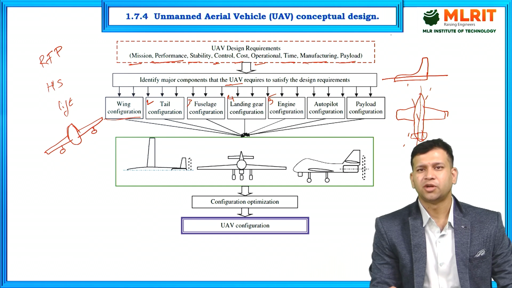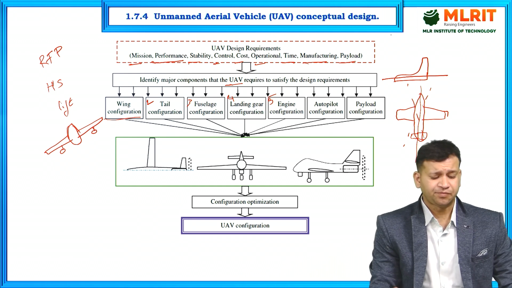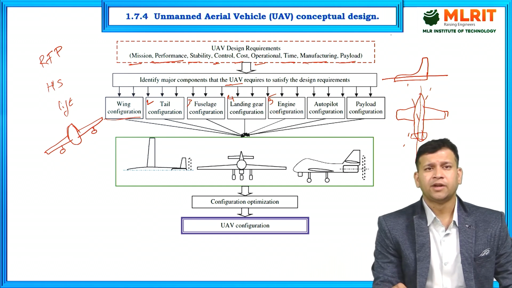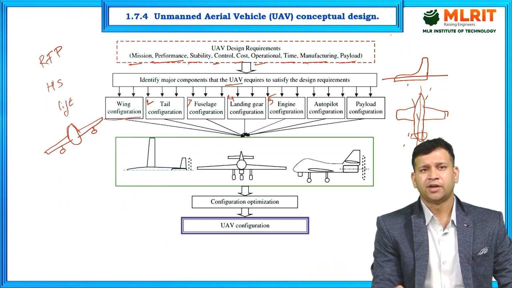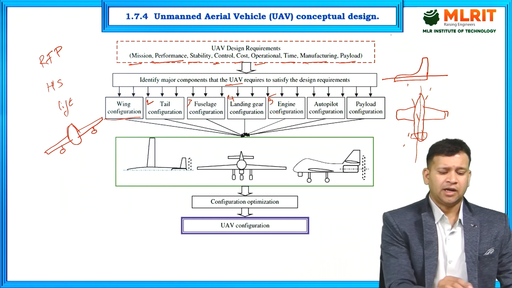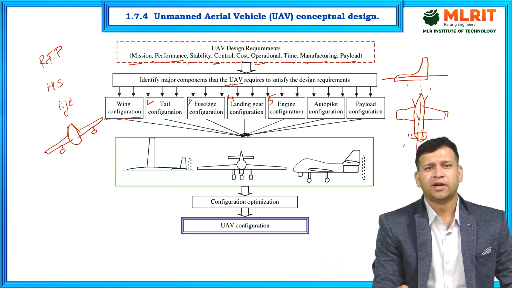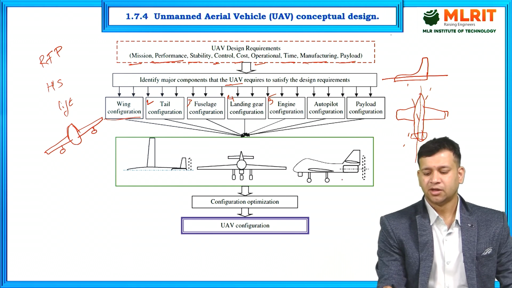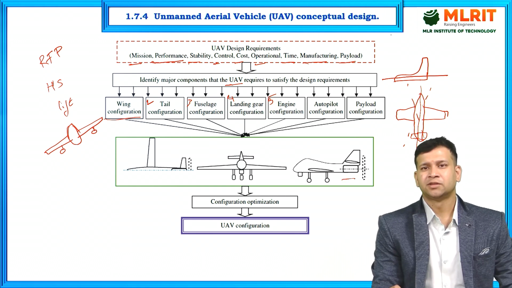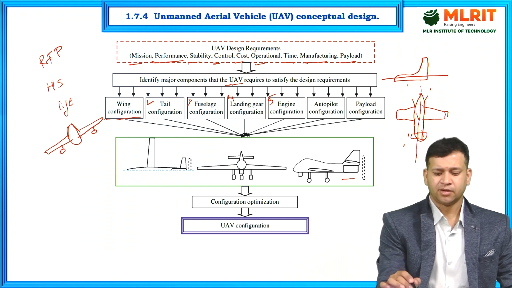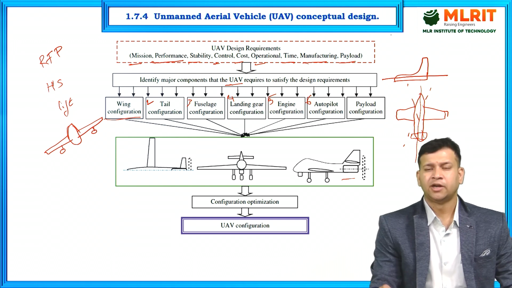Generally in the conceptual design phase, the engine configuration will just give us the location where it is placed. And in most unmanned air vehicles, these engines are buried type. If you see here in this picture, this is a buried engine which is inside the fuselage, covered with the skin.